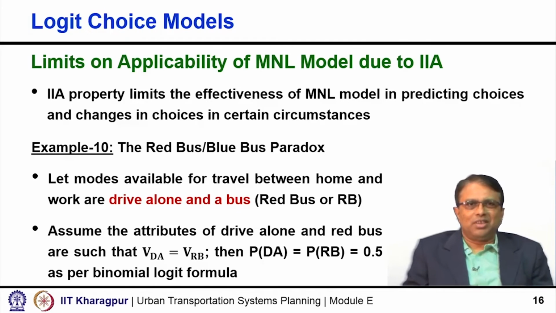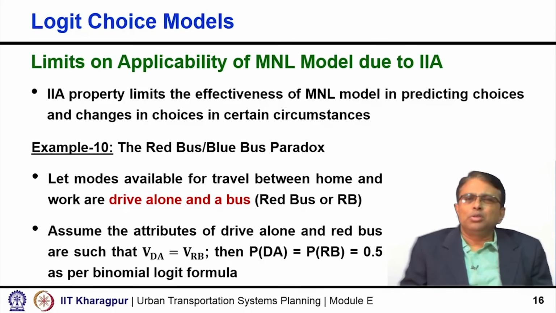Only drive alone and bus, and just consider that all buses available are run by a particular company and all buses are of red color. Just an assumption to say that this is one group of buses. So, all buses are painted red.